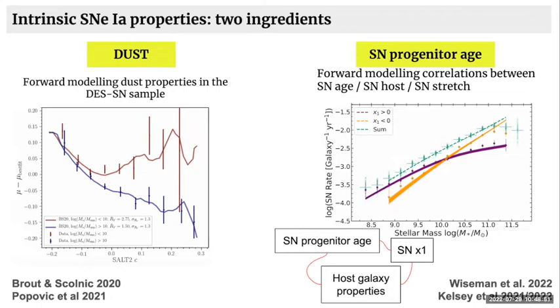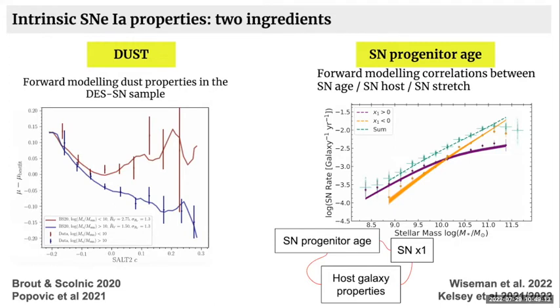Now, I'm not going to spend lots of time on this, but I really invite you to look at these references that I put in the slide: the work published by Dylan Brown and Skolnick two years ago, and the work published by another grad student at Duke, Brody Popovich. These are all about how we measure and model these dust properties in supernova 1A.